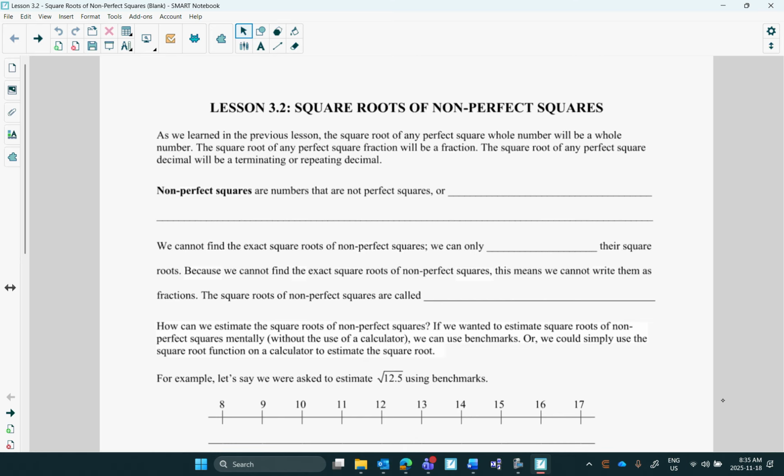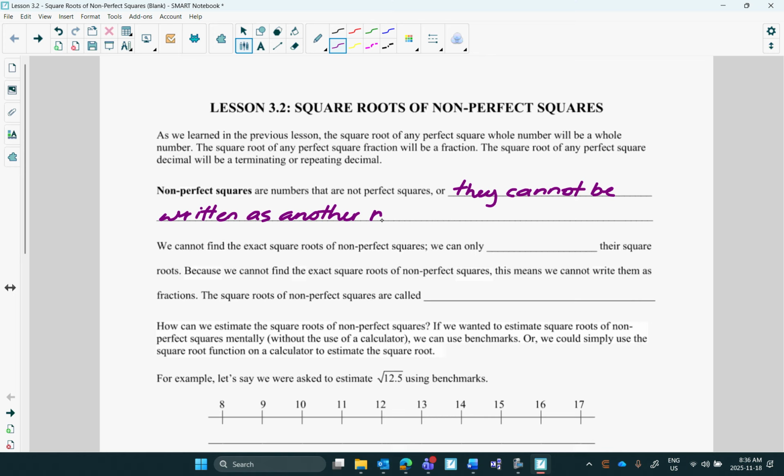So now we're briefly going to talk about non-perfect squares. Well, if a perfect square is a number that can be written as some other number times itself, non-perfect squares are numbers that cannot be written as another number times itself.